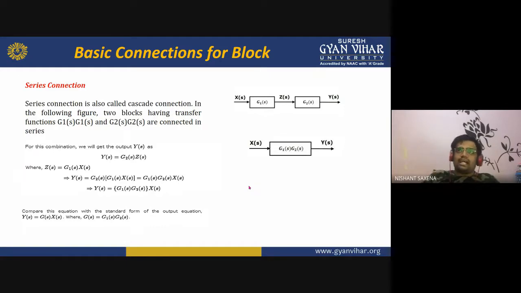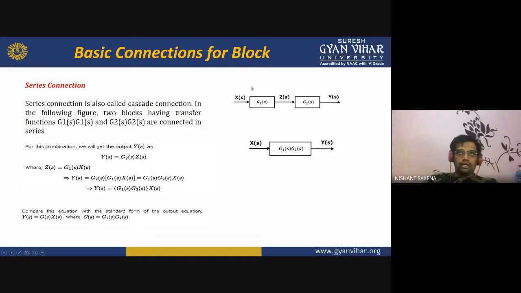So look at this diagram in which the 2 transfer functions G1(s) and G2(s) are cascaded. They are connected in series, where X(s) is the input to the first transfer function G1(s) and Z(s), the output of the first transfer function, is the input to the second transfer function, and the output of the second transfer function G2(s) is Y(s).